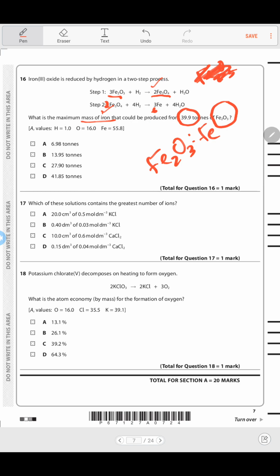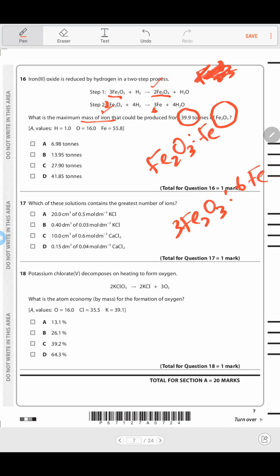It means after the first equation, 3 of Fe2O3 give you 2 of Fe3O4. 2 of Fe3O4 makes 6 of Fe, right? So according to this logic, 3 of Fe2O3 makes 6 of Fe.